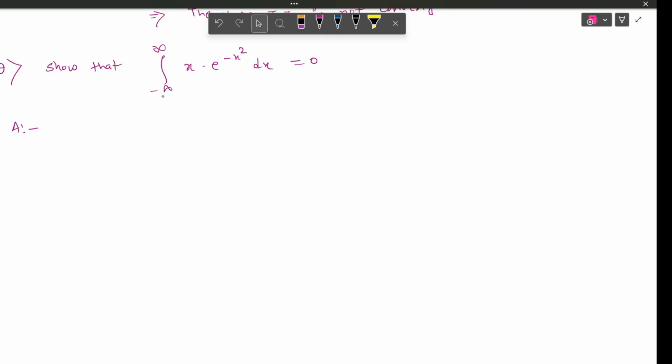So here we can see that we have infinite discontinuity at lower and upper bounds, so we can write this integration of x e to the power minus x square dx as integration minus infinity to a x e to the power minus x square dx plus integration a to infinity x e to the power minus x square dx.